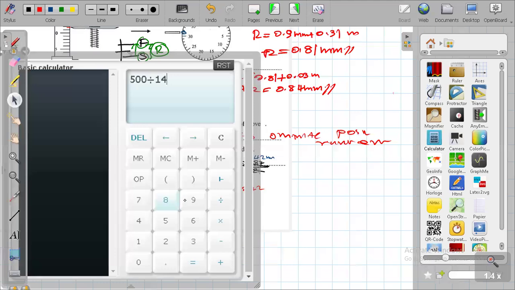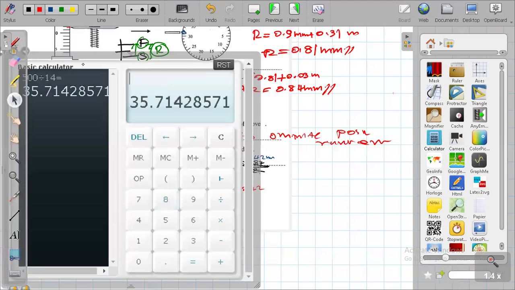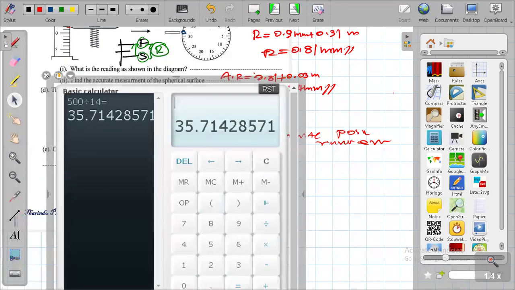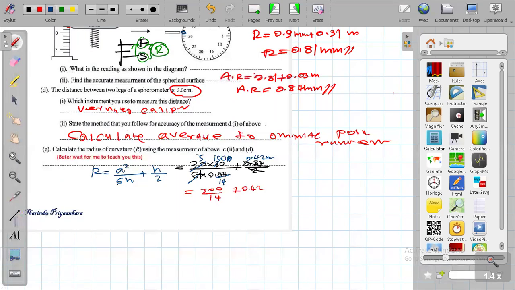Five hundred over 14 is 35.7. This is what the reading is. Okay, understand?